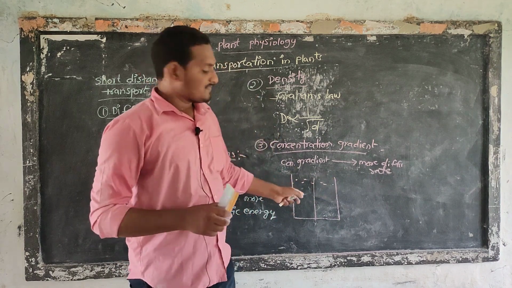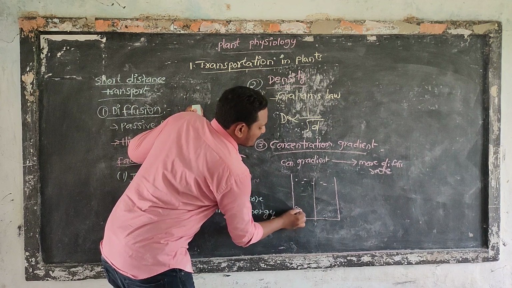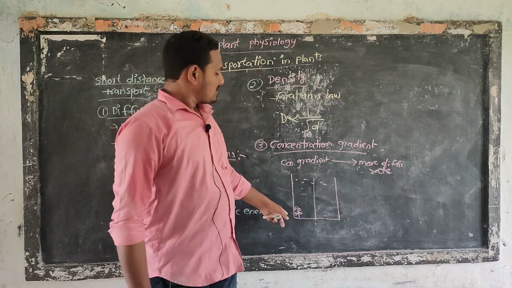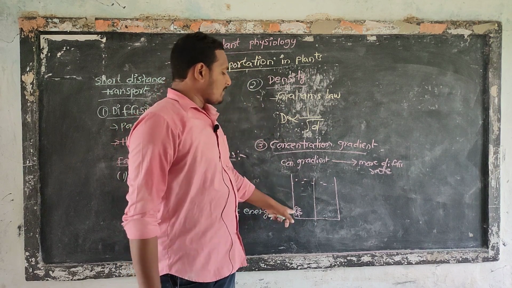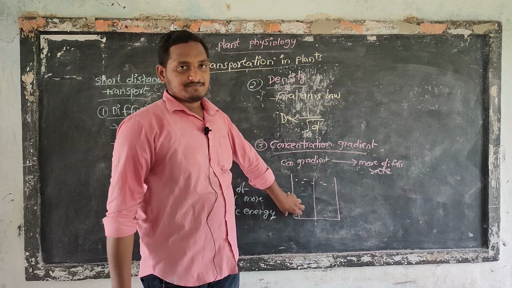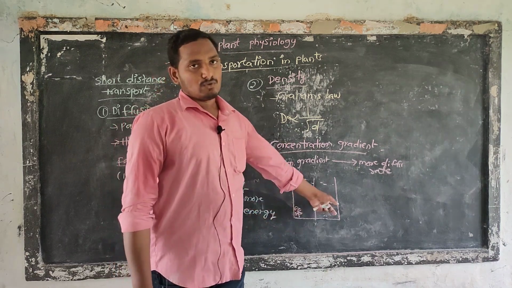Here we keep some potassium permanganate crystals. These potassium permanganate crystals are highly concentrated, so diffusion is from the higher concentration to the lower concentration.